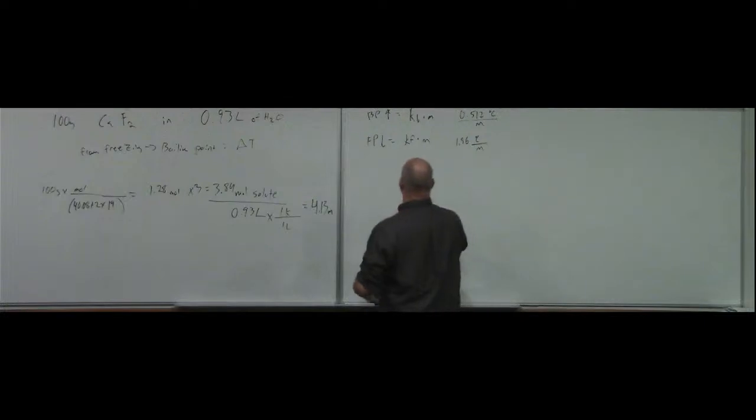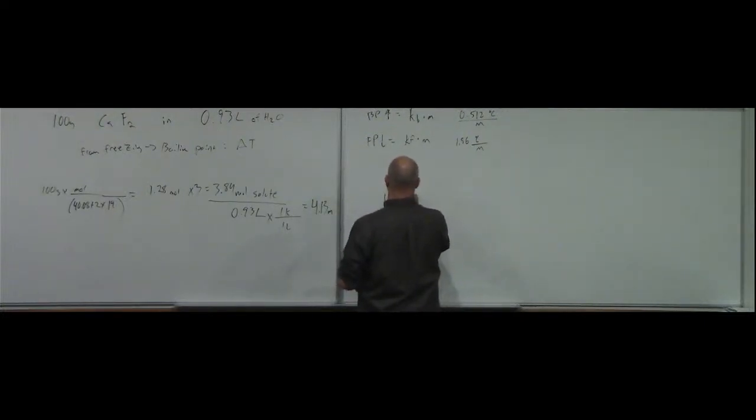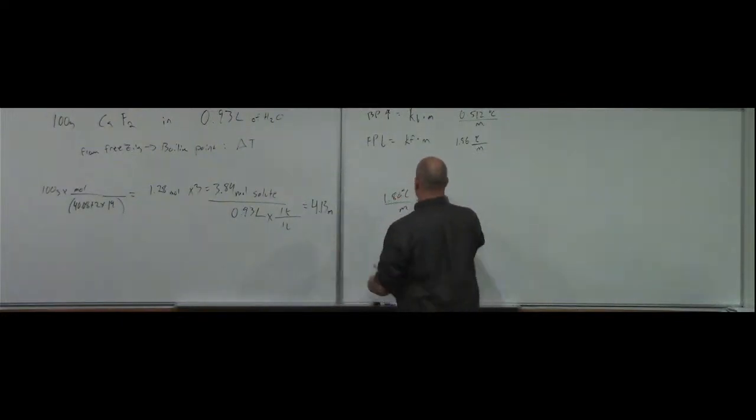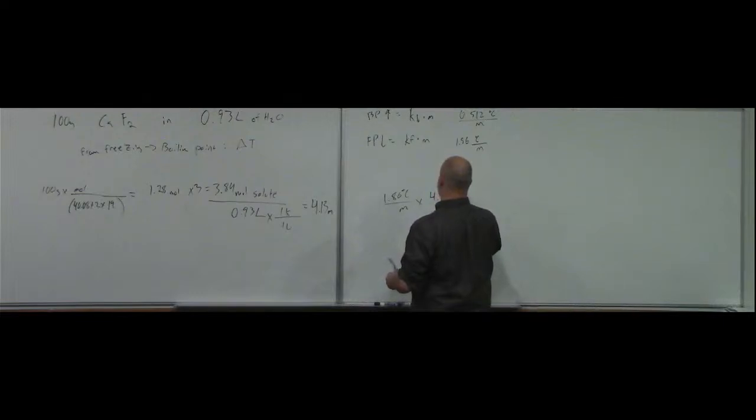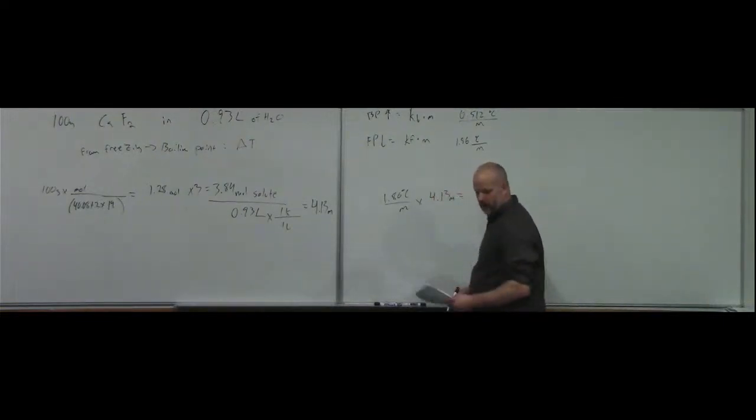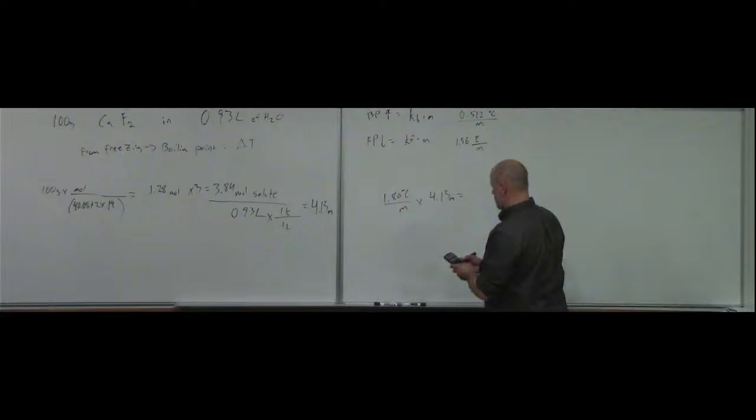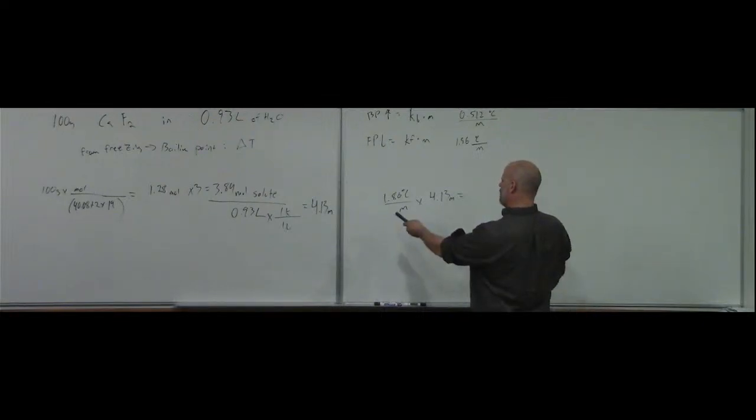So, dealing with my freezing point, I'm going to go 1.86 degrees centigrade per molal times 4.13 molal, okay? And when I do that, 7.7. Did you get 4.13? Yeah.